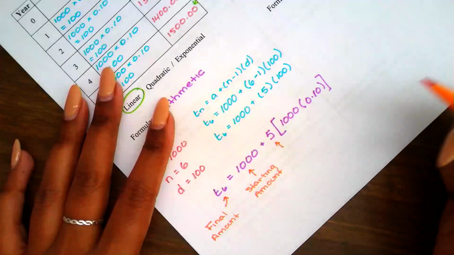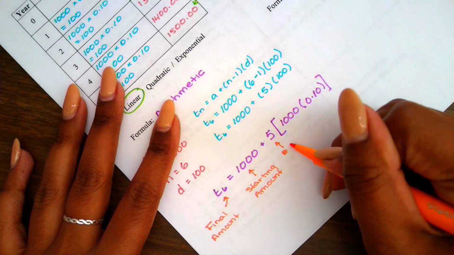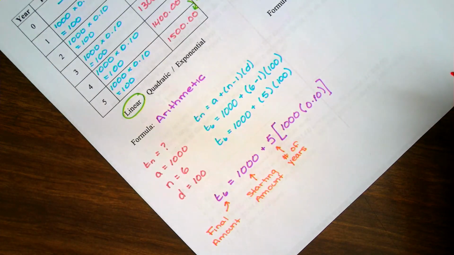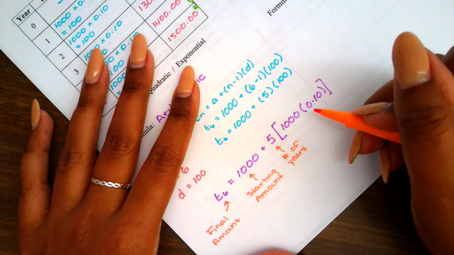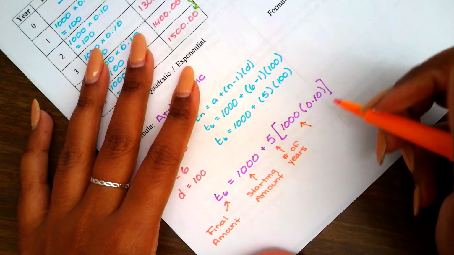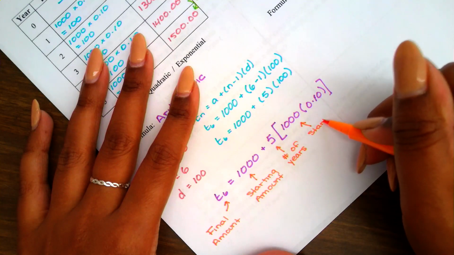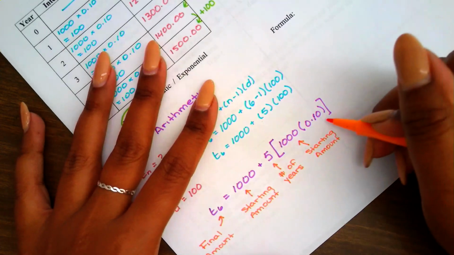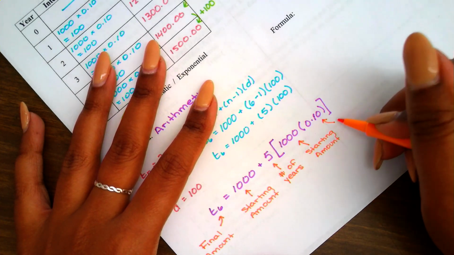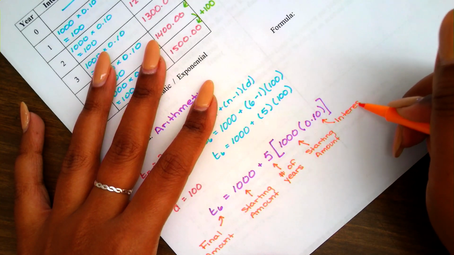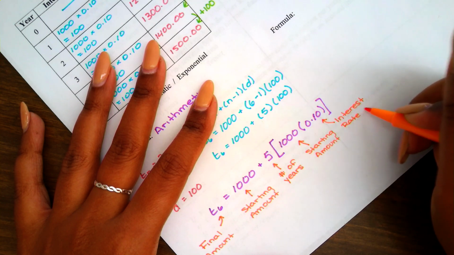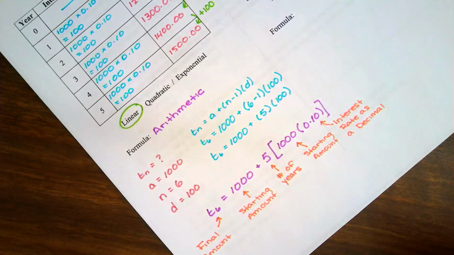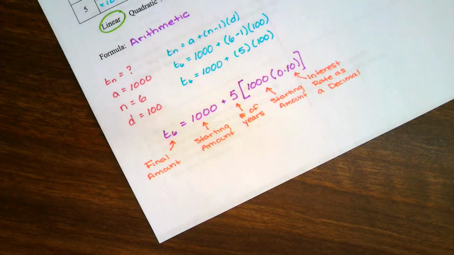Five represents my number of years. 1,000 represents my starting amount, again. And 0.10 is my interest rate as a decimal. Okay? So those are your key pieces of information.